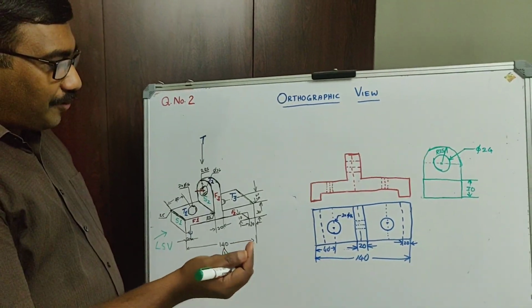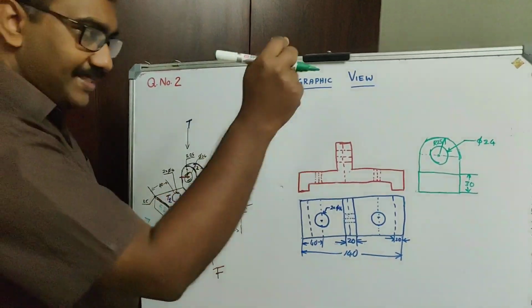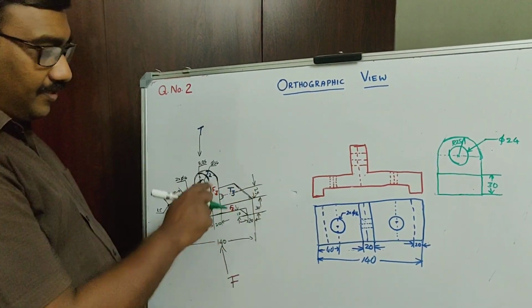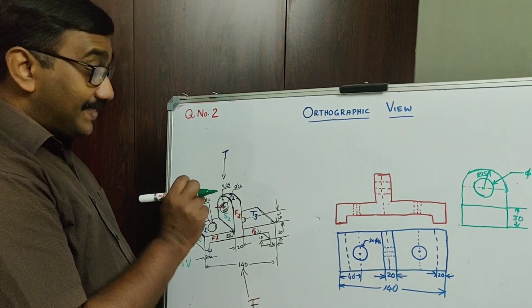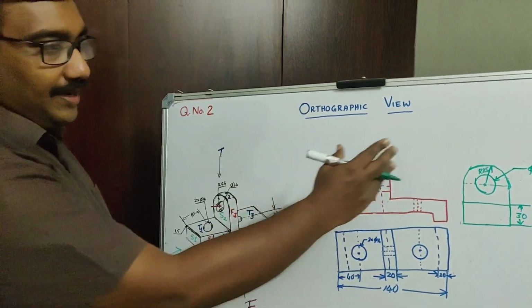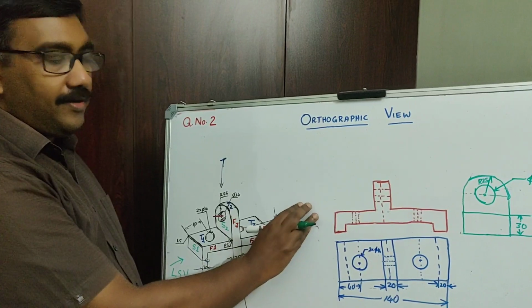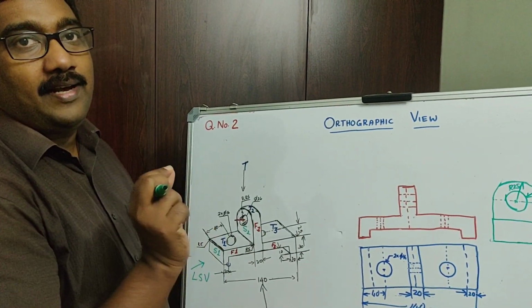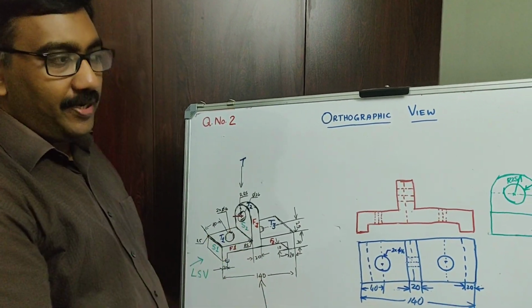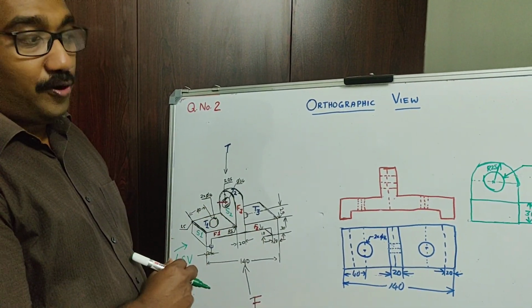If you want to draw the right side view, you will get a similar figure here, because there is symmetry. That is the right side view. So there is left side view and a right side view. If you need, you can try a right side view also.